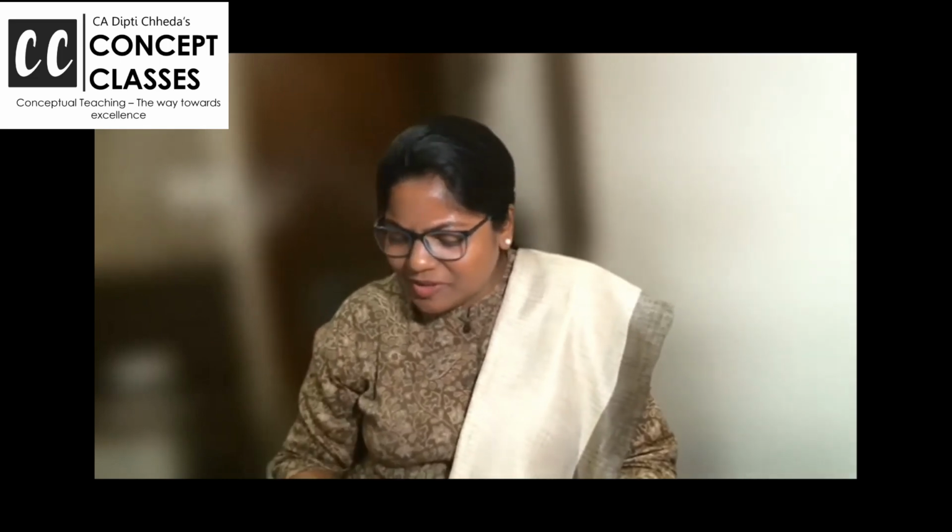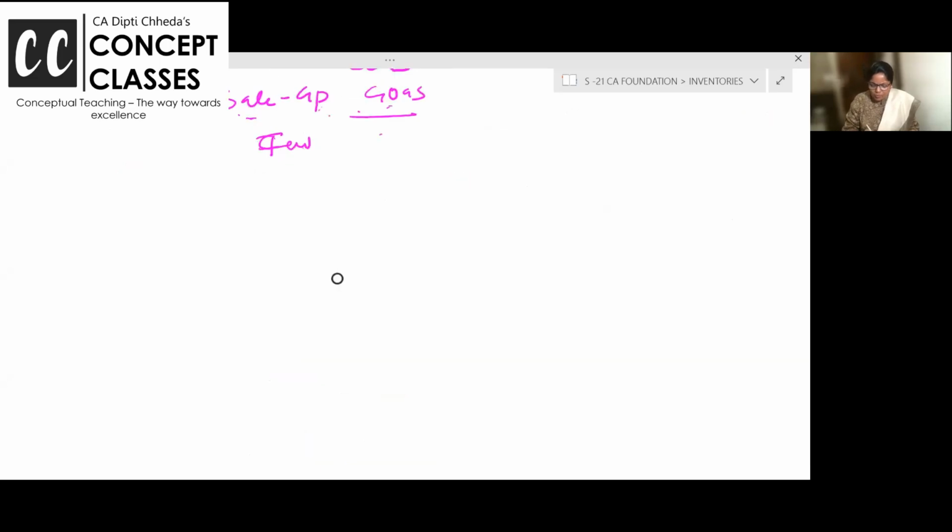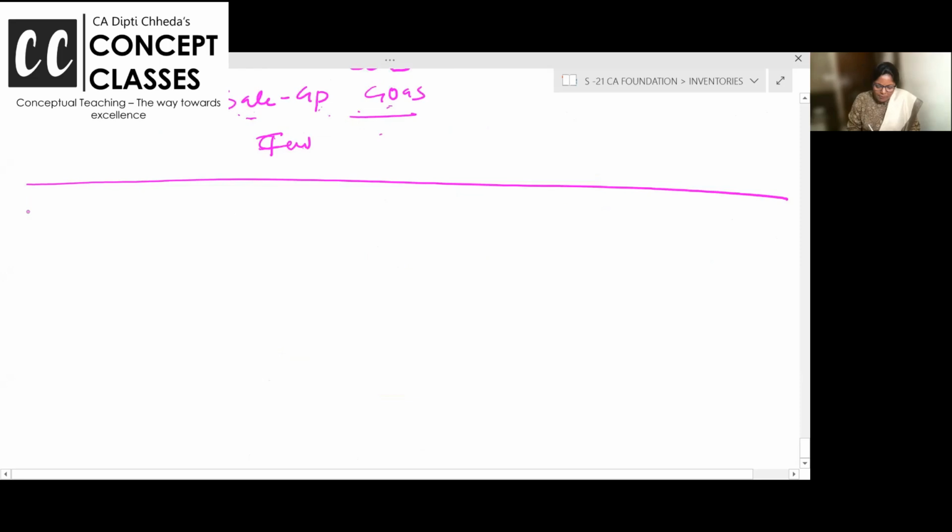If you return it, I should take it in my stock at cost, because now this is my stock lying either with you or returned. Is this concept clear for goods sold on approval basis? Okay, let's solve this problem. While doing it, I'll explain everything to make it clearer. Problem number 16, we are doing it now.